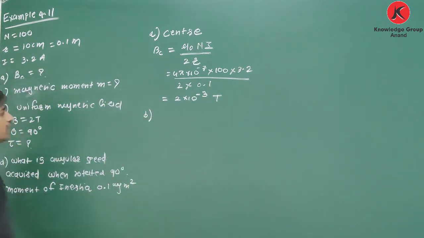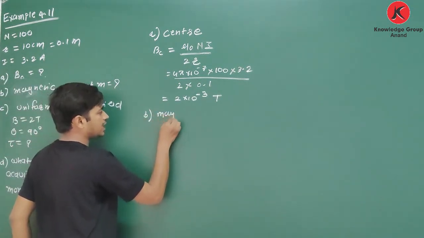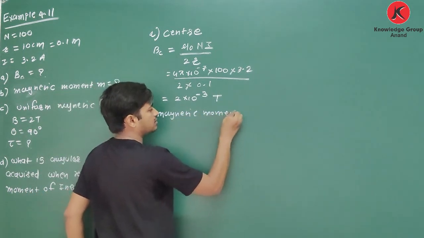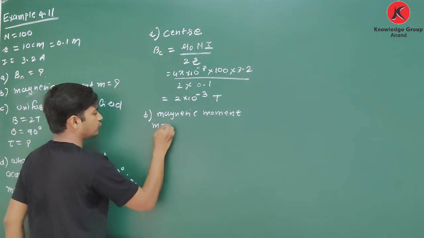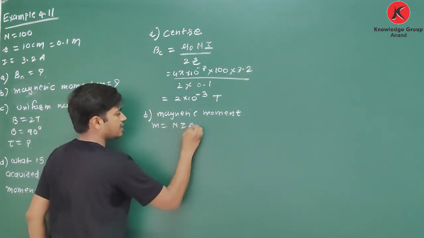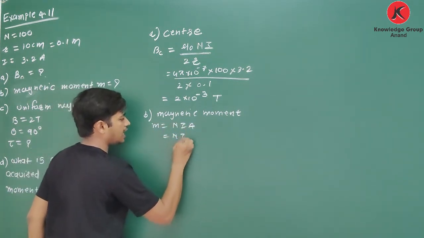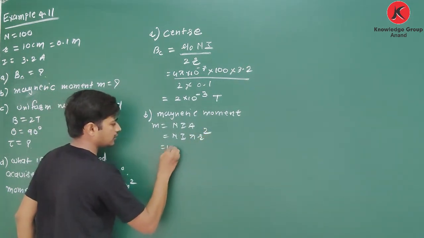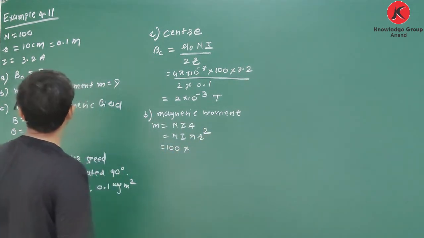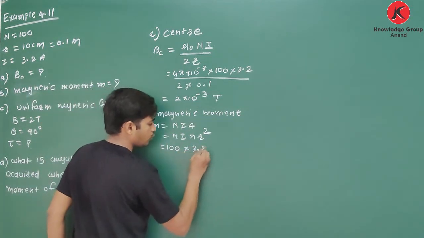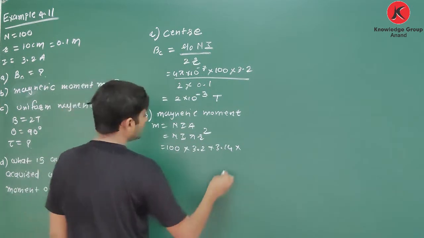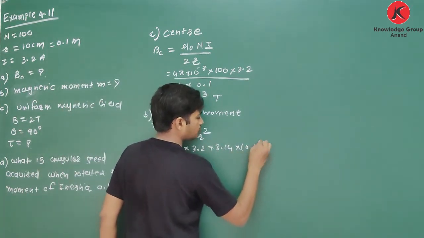What is the magnetic moment? Its equation is M is equal to NIA. A means pi r square. And N is 100. What is the value of I? 3.2. What is pi? 3.14. What is the value of r? It is 0.1 whole square.